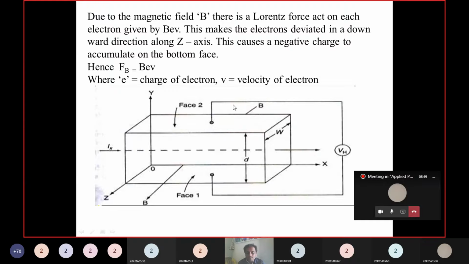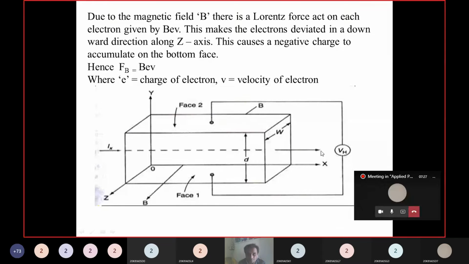Now if you apply a magnetic field perpendicular to the current passing through the specimen, then according to the Hall effect, an electric field, that means a potential, will be developed. The direction of the potential will be perpendicular to both the applied magnetic field as well as the current. Okay, this is about the Hall effect.